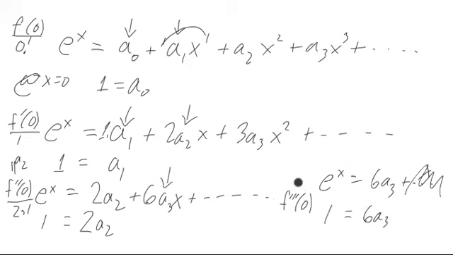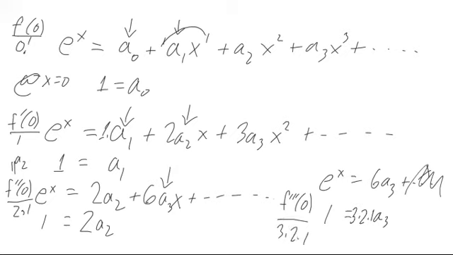Remember what 6 is here. 6 is 3 times 2 times 1, which represents what we've been doing with derivatives as we've been going along. The first derivative that we took, we brought down a 3. This next one we brought down a 2. The next one we brought down a 1. So to solve for a3, we simply take this, which is 1, and divide by that product, 3 times 2 times 1. And that's what a3 is.